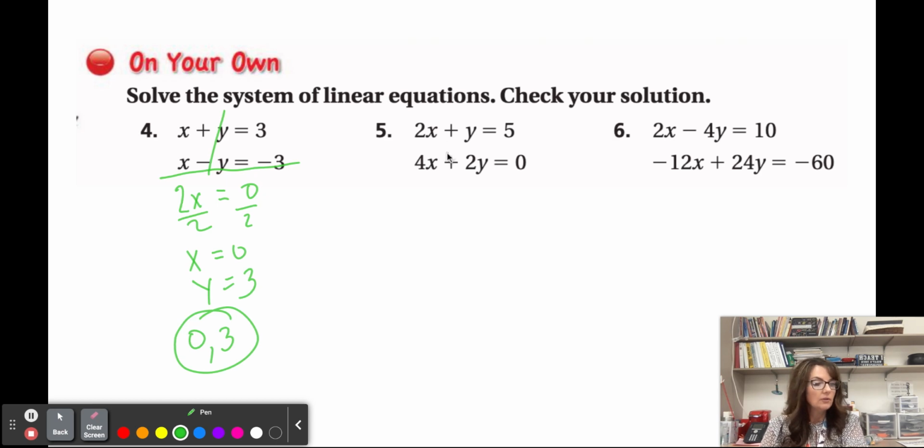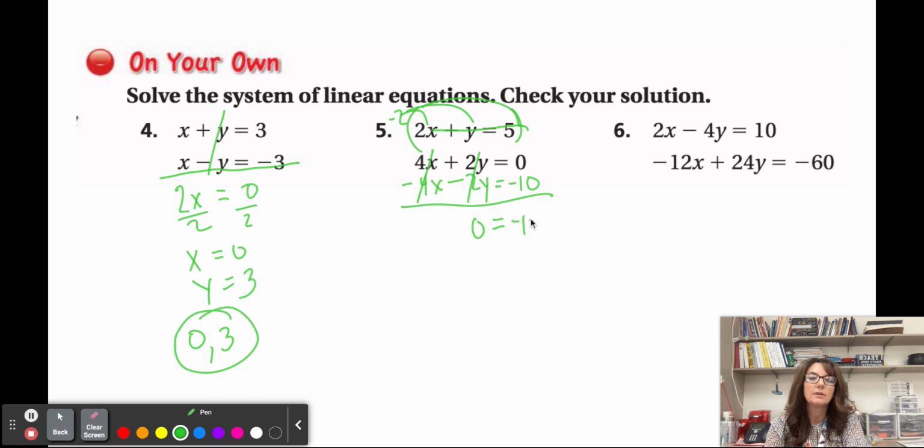Okay, for this one, let's go ahead and solve it. We can easily eliminate y by multiplying by a negative 2 and distributing. So we would get negative 4x minus 2y equals negative 10. We're done with this, so we get 0 is equal to negative 10.